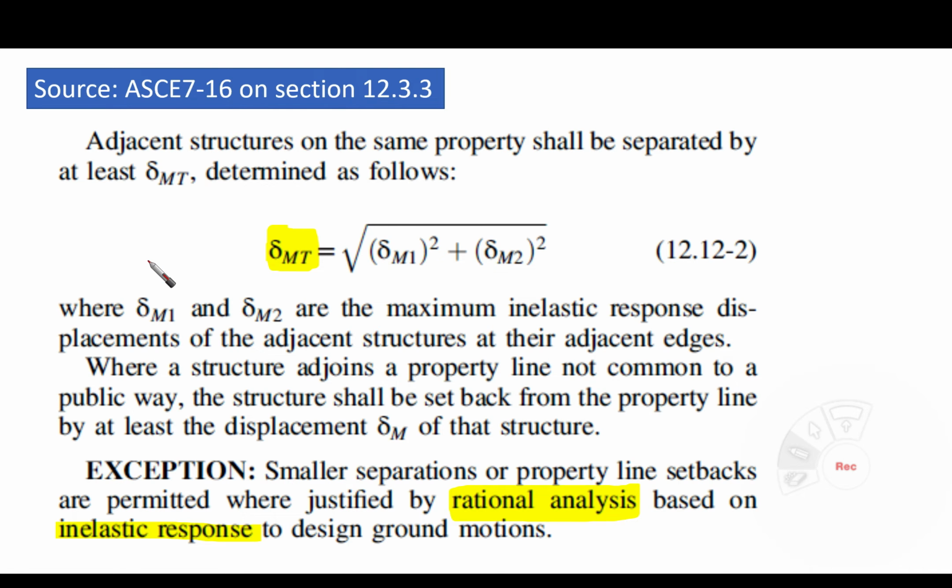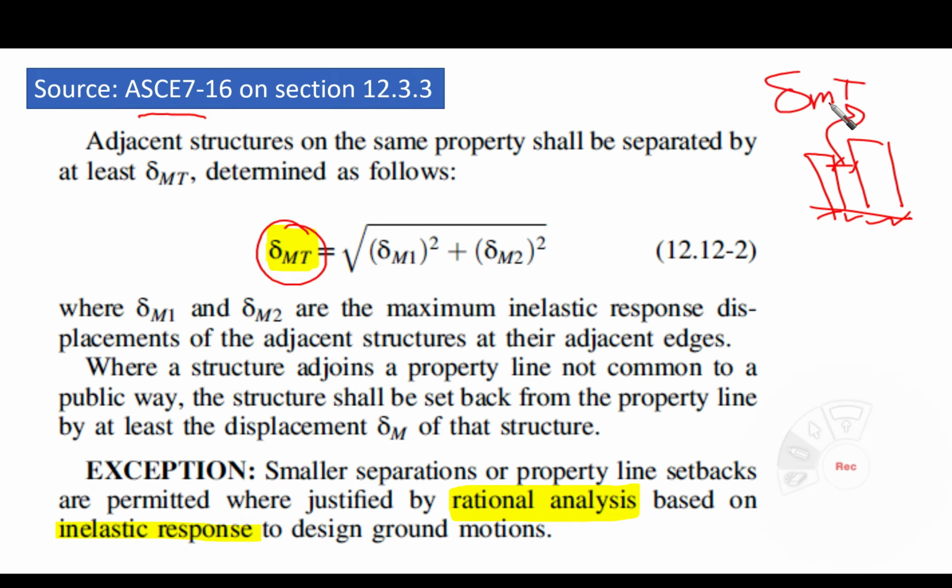After that, ASCE 7-16 states that the buildings should be separated by a distance. This distance, we call it delta MT. This delta MT is going to be a function of the critical inelastic displacement from building 1 and the critical inelastic displacement from building 2.